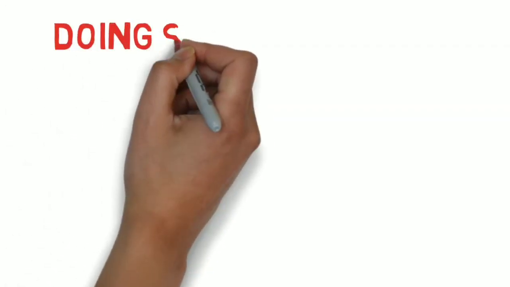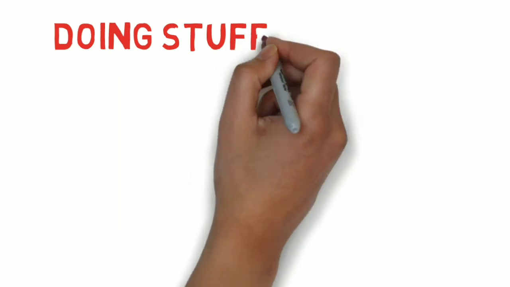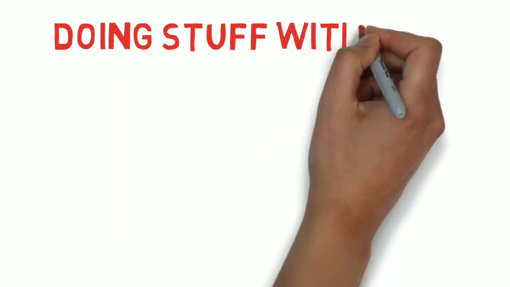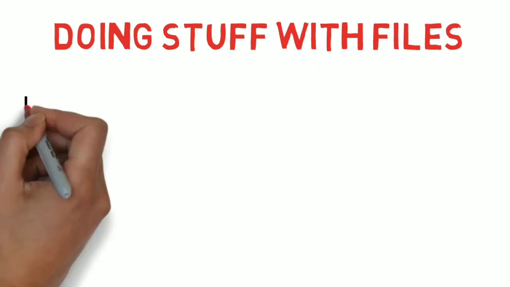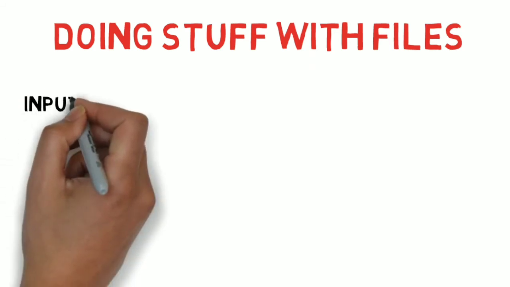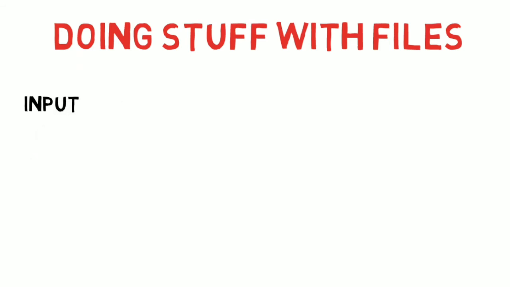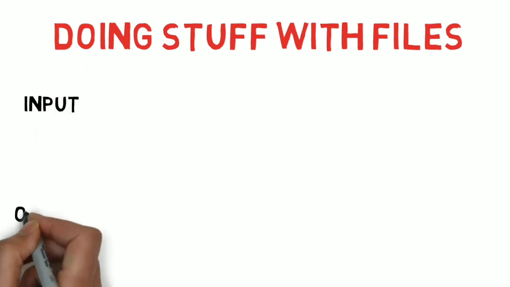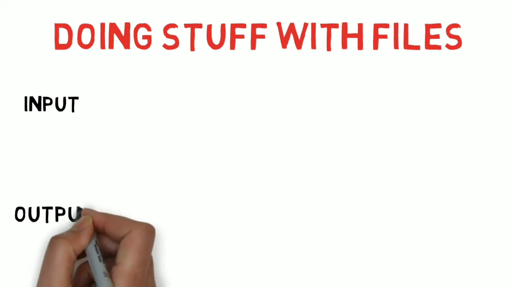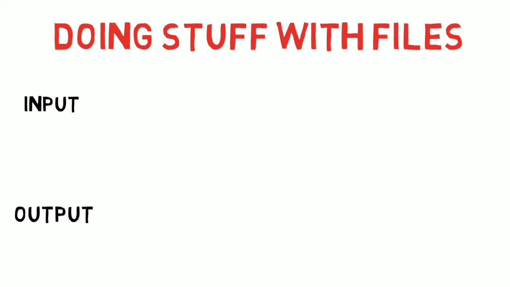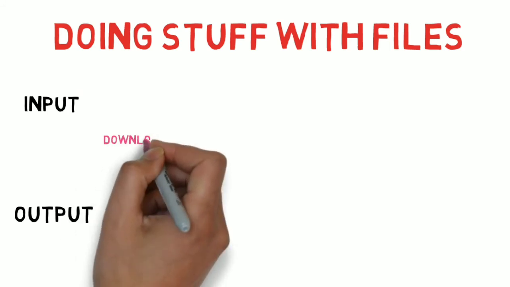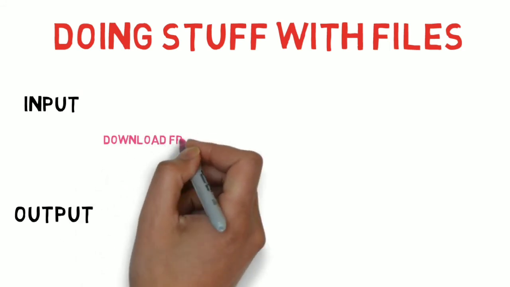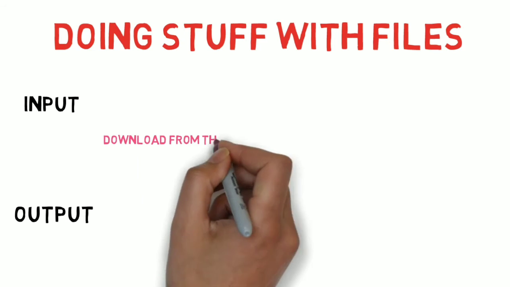Let's take an example of something useful and material that you yourself could do with files. Something that you might want to build in the real world. As an input to our program, we want to give it a file.